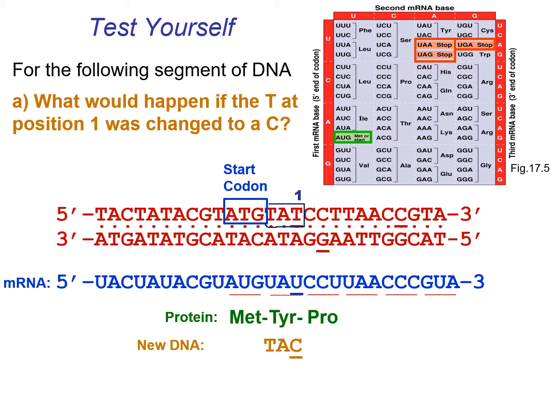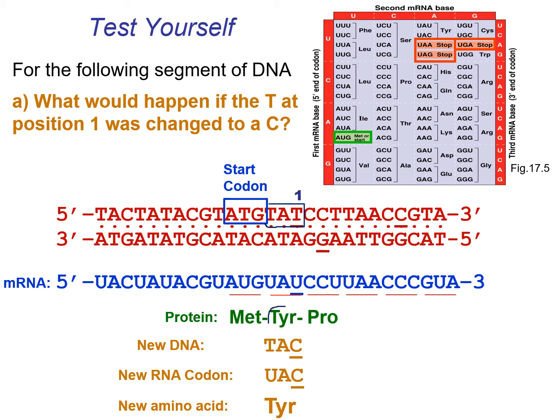So once we have our new DNA, we can determine what our new RNA is going to be. So that's going to be a UAC instead of a UAU. Remember, all our T's get changed to U's. And then we're going to look up our new amino acid. So UAC on the genetic code is tyrosine.